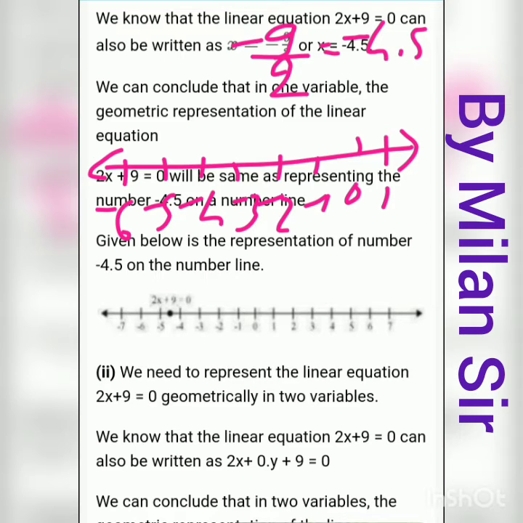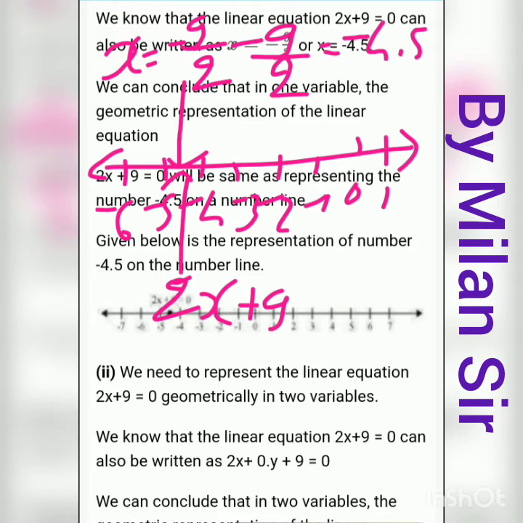Okay, now where can we represent this minus 4.5? In between minus 5 and minus 4, exactly in between. That means here we have x is equal to minus 9 by 2. Otherwise we can also write the equation which is given to us, 2x plus 9 is equal to 0. Okay, so this is the location of our equation.